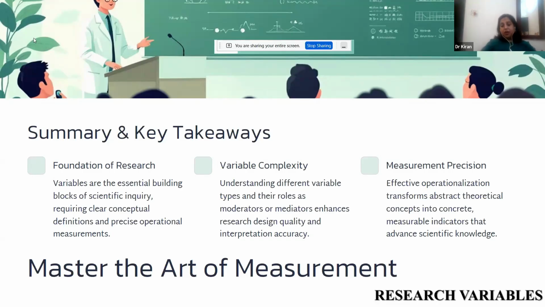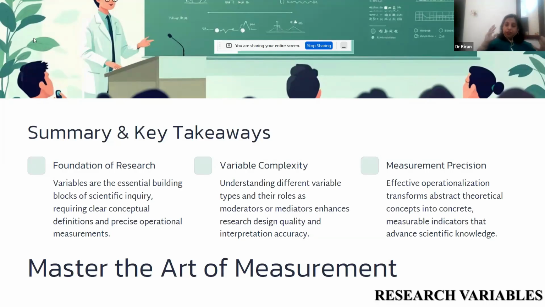When you bring some moderating and mediating variables, your research design will be treated as a very good research design, and A-star journals require this complexity in variables.